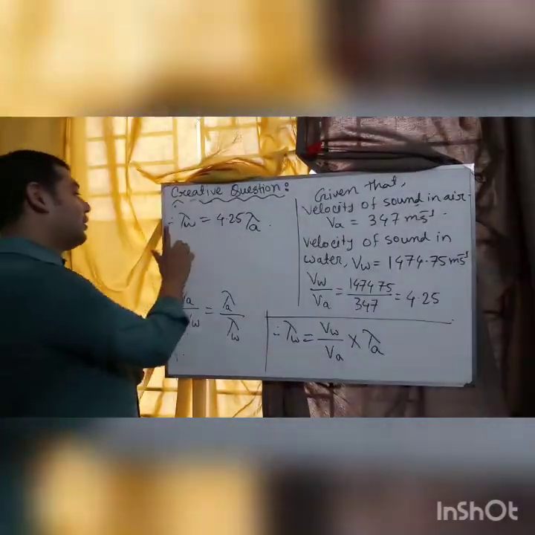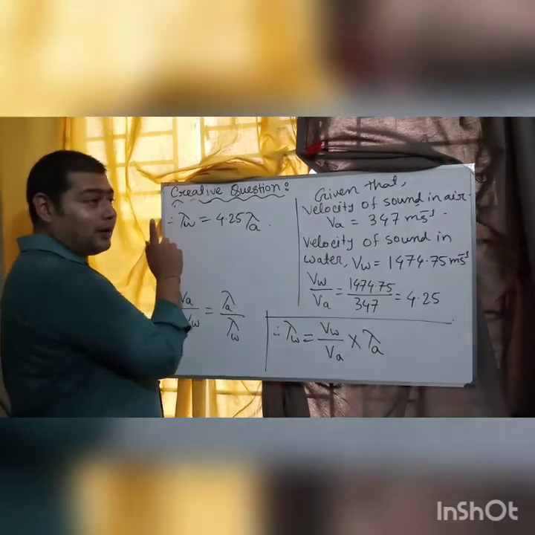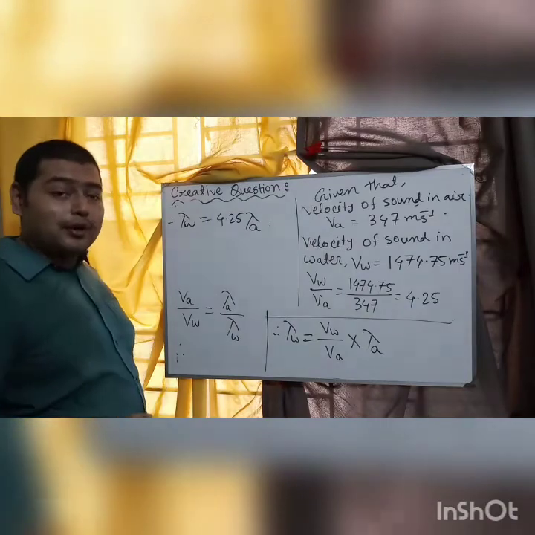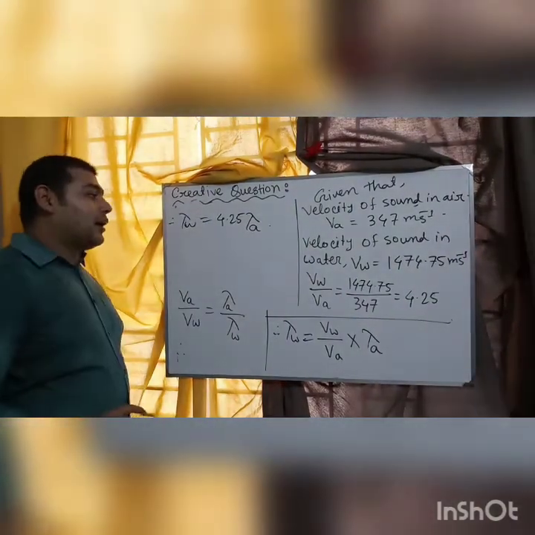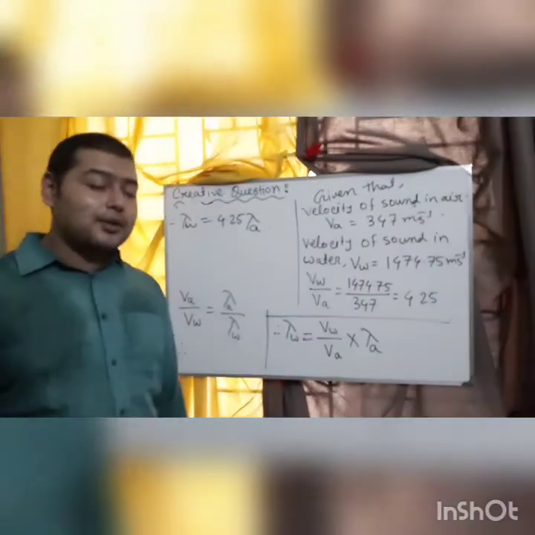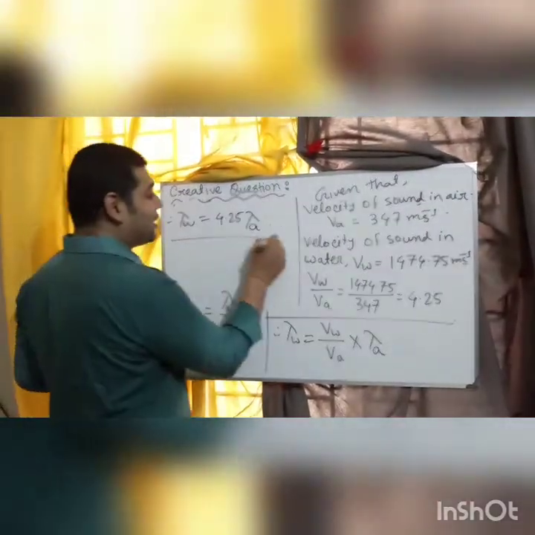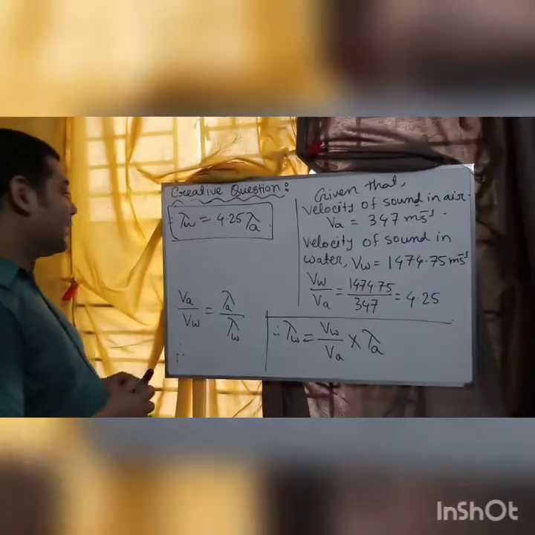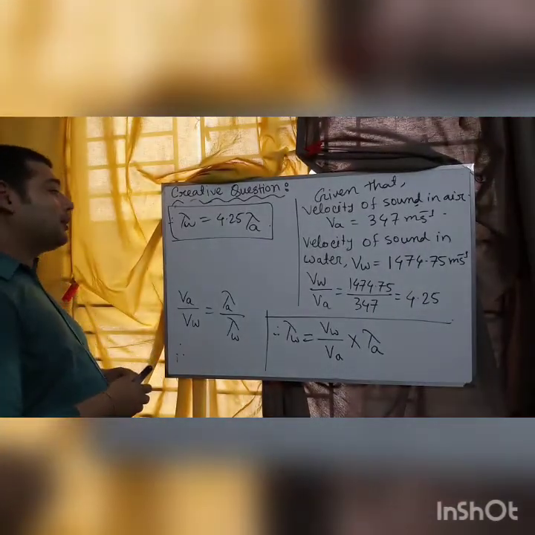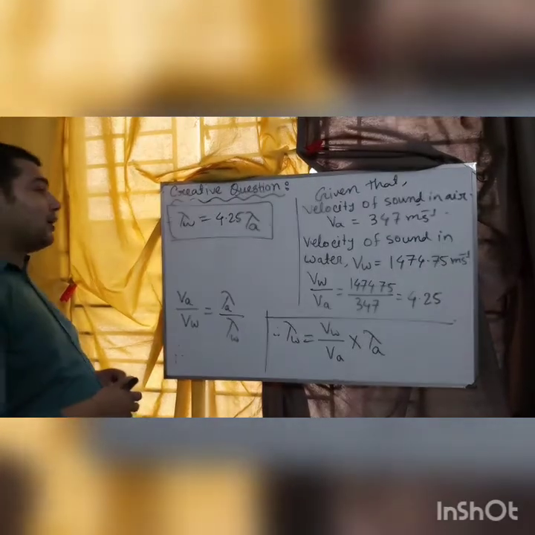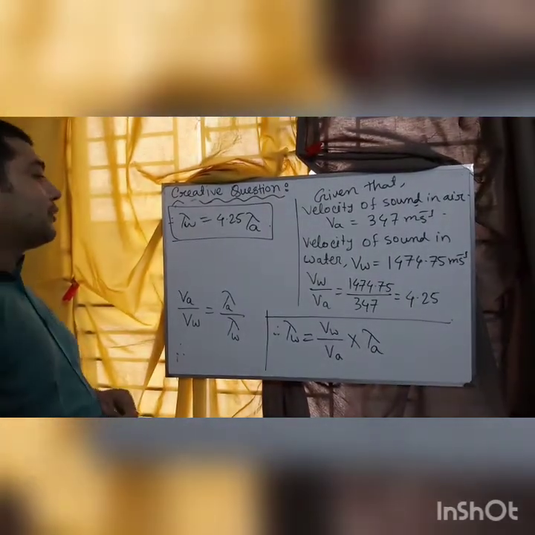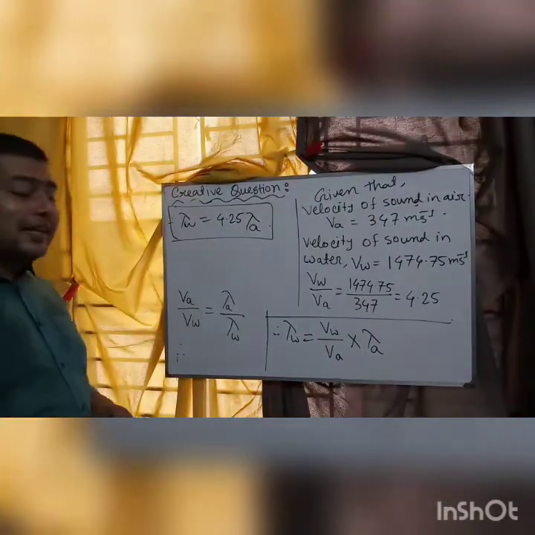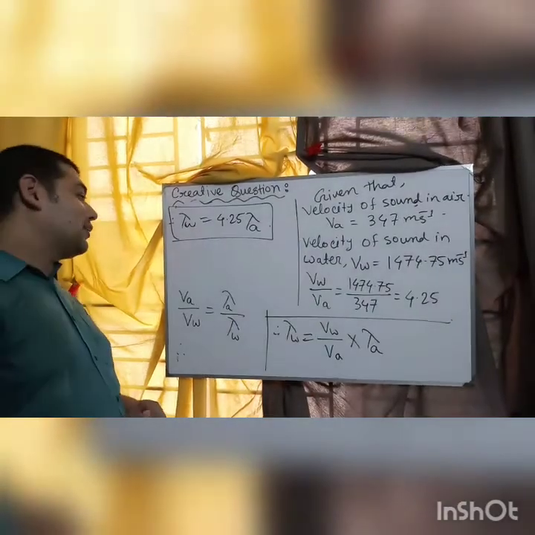Okay, here lambda W is the wavelength of sound in water, and lambda A is the wavelength of sound in air. So from this relation, we can say that the wavelength of sound in water is 4.25 times the wavelength of sound in air.